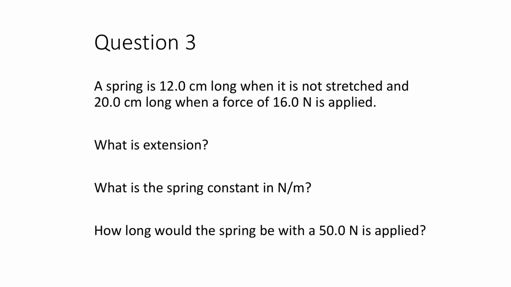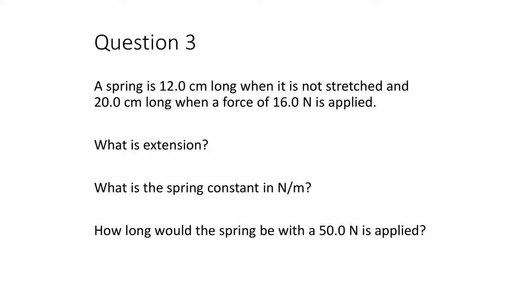What is the spring constant in newtons per metre? So be careful with conversions from centimetres into metres. And then the third part, how long would the spring be when 50 newtons is applied? So have a go, and when you're ready, press play again and we'll go through the answers.